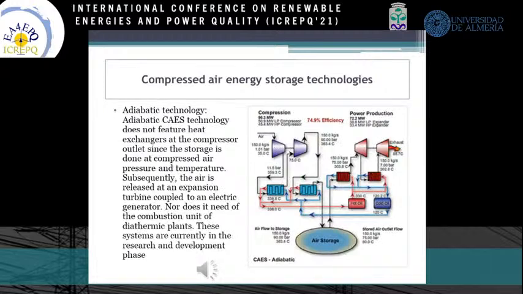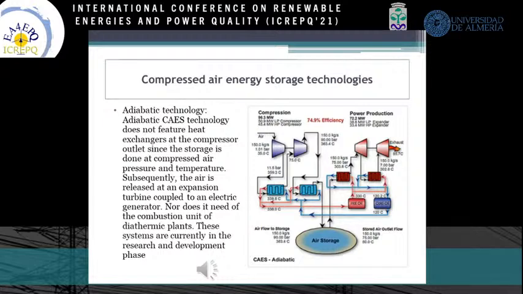Regarding adiabatic technology, this technology does not feature heat exchangers at the compressor outlet, since the storage is done at compressed air pressure and temperature. Subsequently, the air is released to an expansion turbine coupled to an electric generator, nor does it need the combustion unit of diathermic plants.